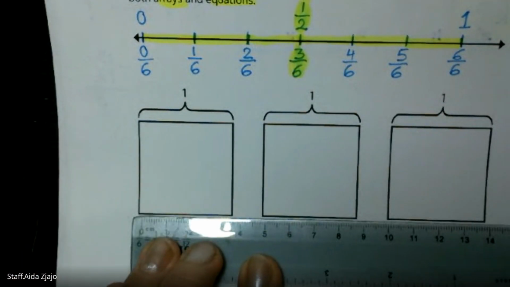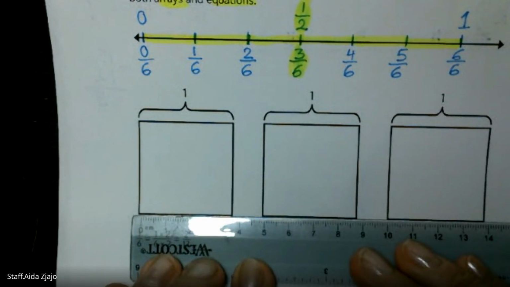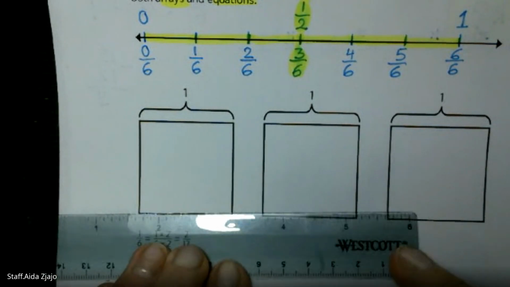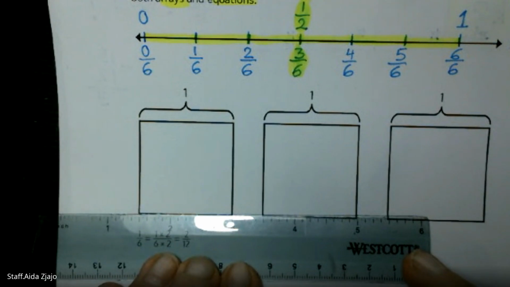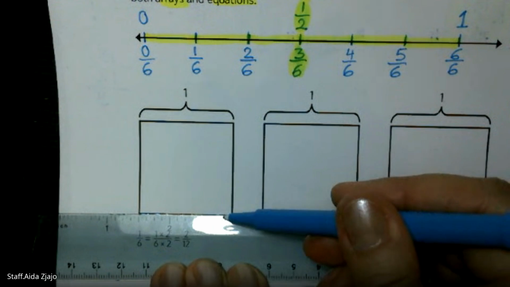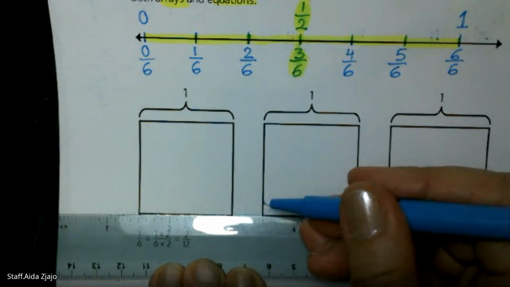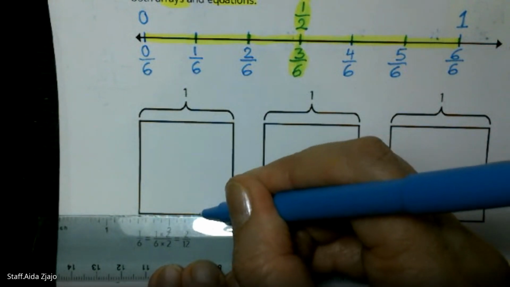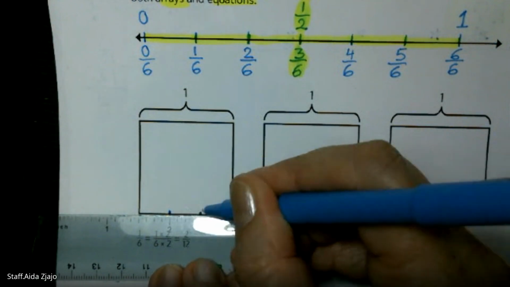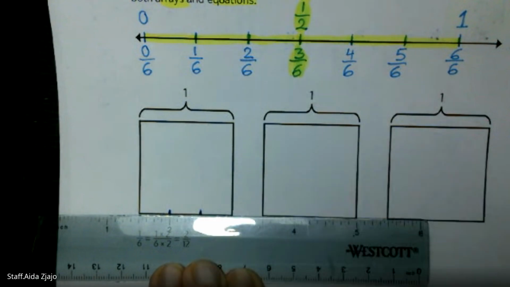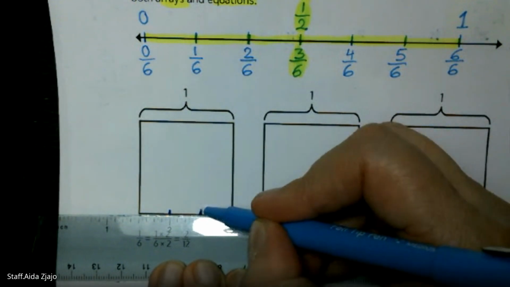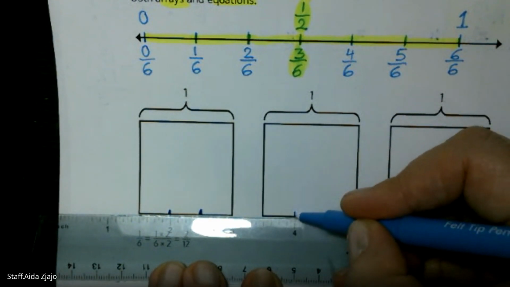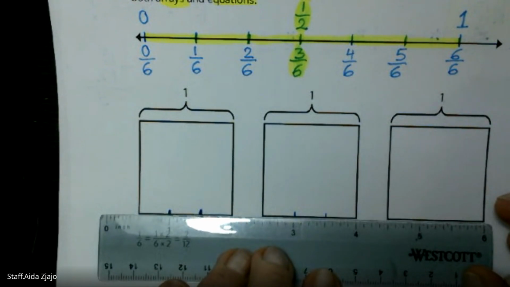So if I needed to make sixths here, let me see, this is about 1.5 inches, so I'm going to use a 1/2 inch measurement to make 3 equal spaces. So that's 3. I'm going to do that on this one here, and also here.